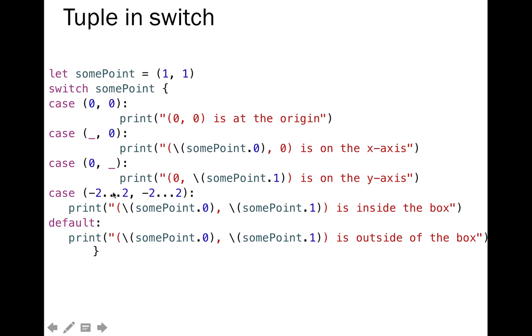Also, the case in a tuple can be a range of values. For example, from -2 to 2: the first element can be -2, -1, 0, 1, or 2, and for the second, the same. So that's the benefit of the tuple. This is very useful in the future. In our calculator demo, we will show why this is very useful.